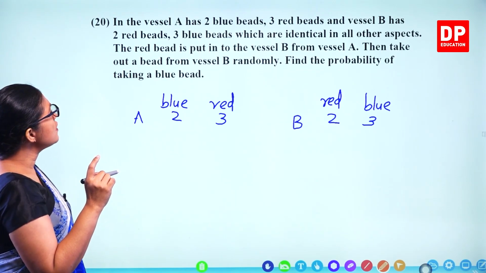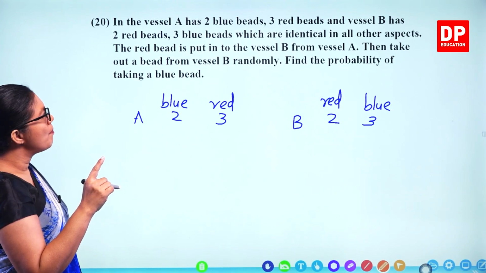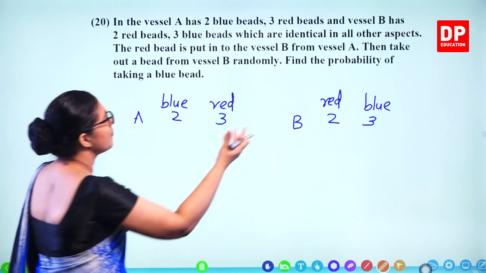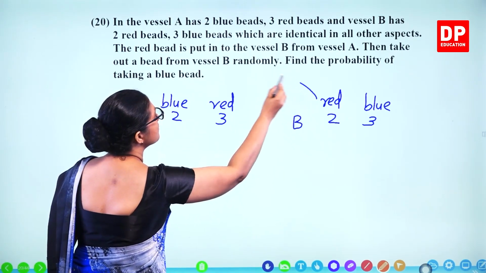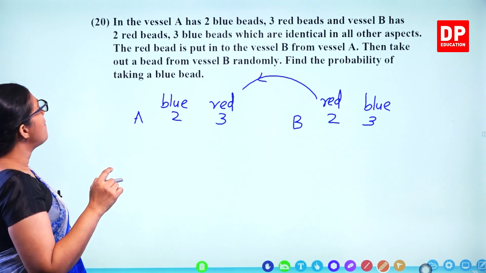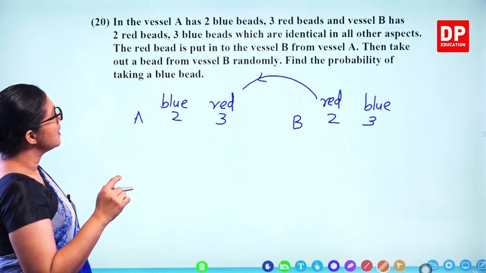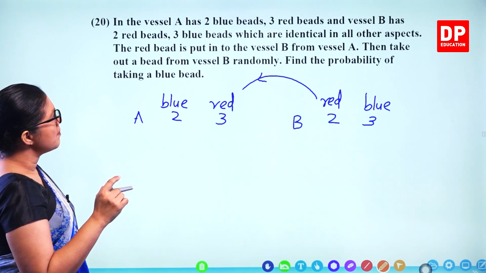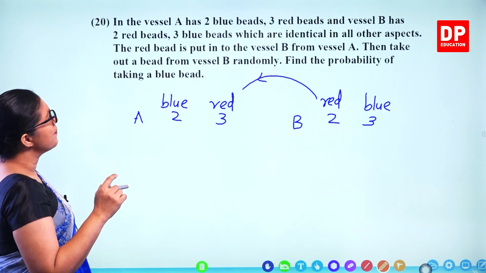A red bead is put into vessel B from vessel A, from here to here. Then take out a bead from vessel B randomly. Find the probability of taking a blue bead.